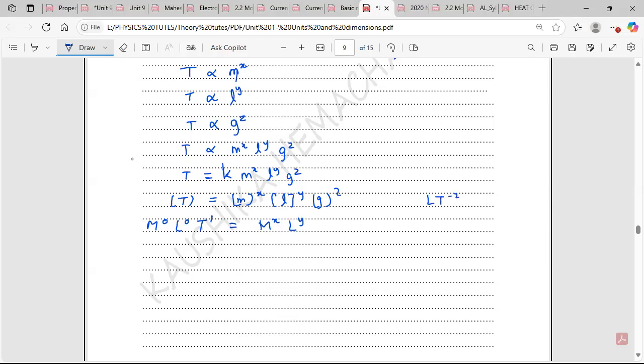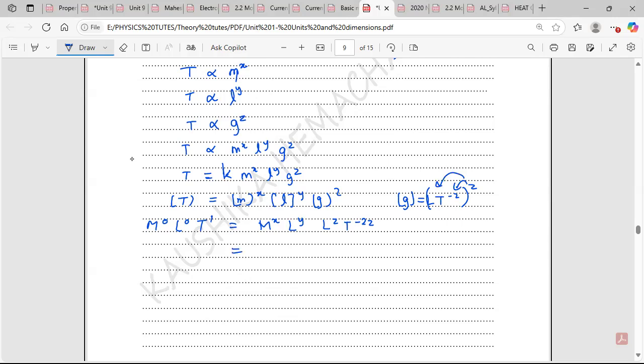Acceleration is LT to the minus 2, right? LT to the minus 2, to the power z. That is L to the power z, T to the power minus 2z. This is not minus 22, it's minus 2z when you open the brackets.